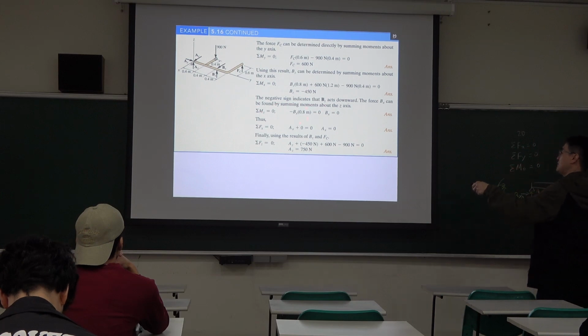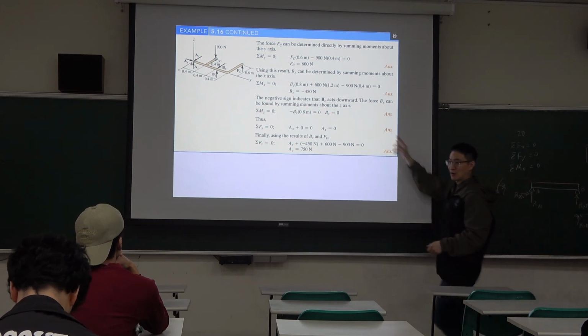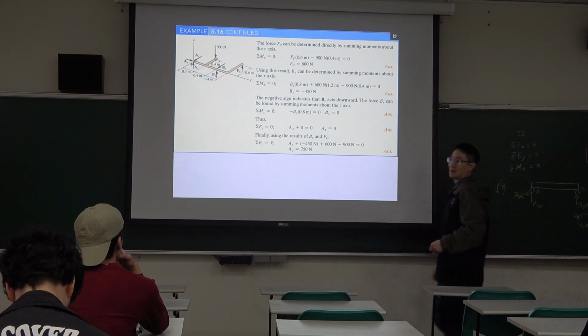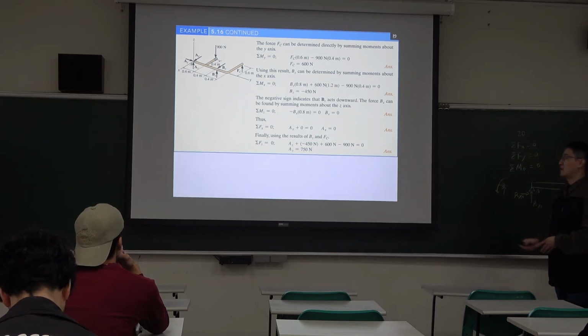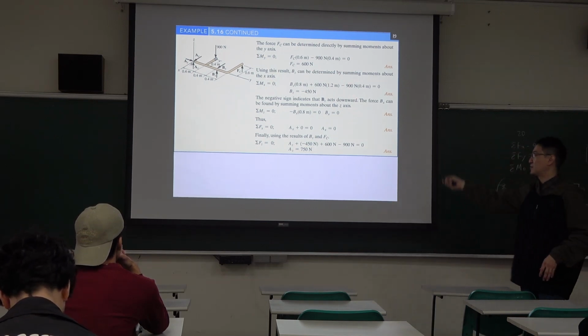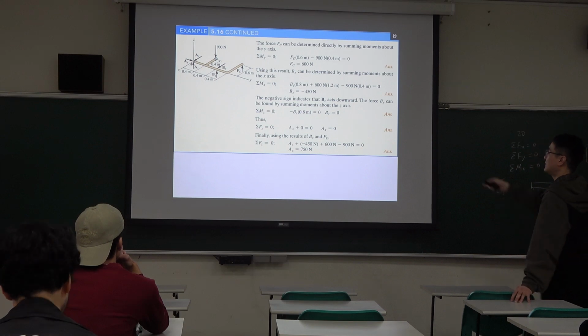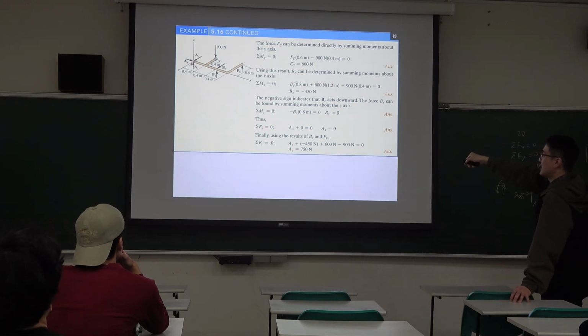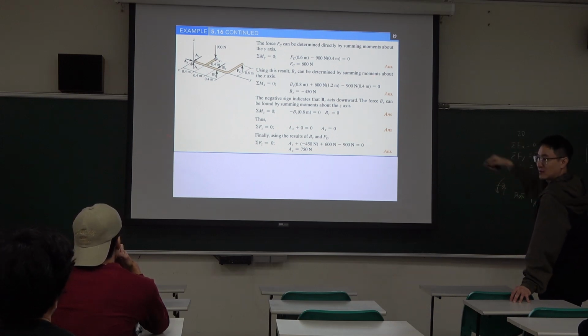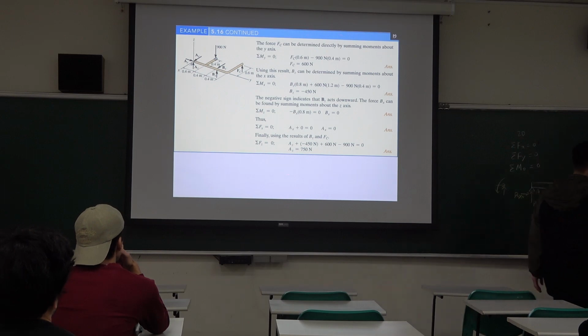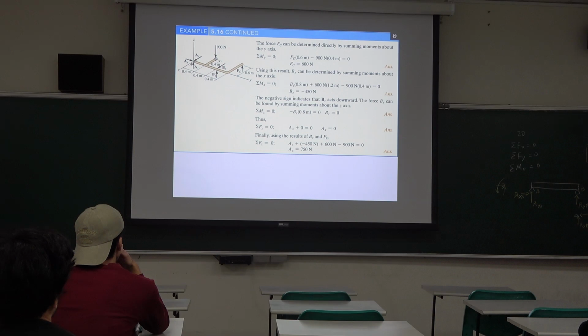So that means BX must be 0. BX must be 0. Okay? So if BX is 0, that means AX is also 0. So by considering all equilibrium equations, we can solve those unknown reactions. Okay, clear?